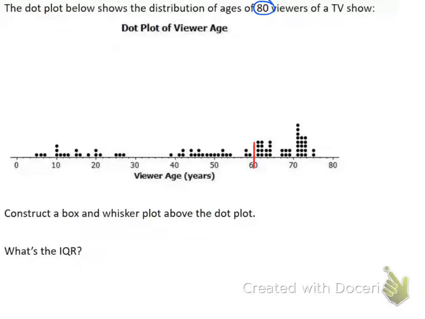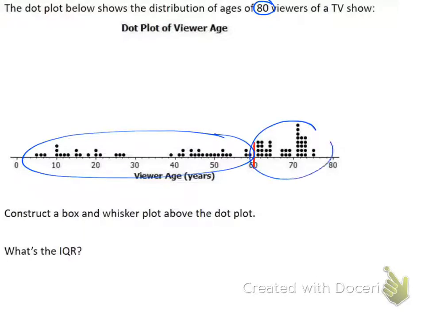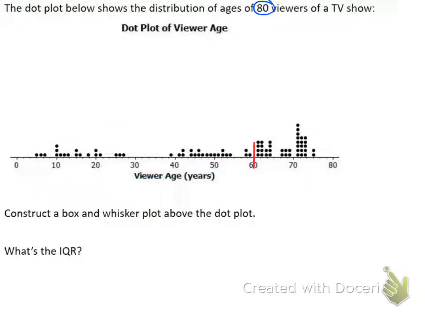The next thing I want to do is find the median of this lower half and the median of the upper half. And so when I do that, I'm going to, again, count. In this lower half and the upper half, there are 40 dots. So the middle of 40 is 20. So I can count all the way up to 20 dots. Right there is the 20th dot, and so again, it's in between the next 2.